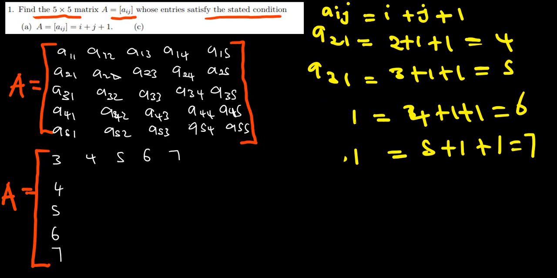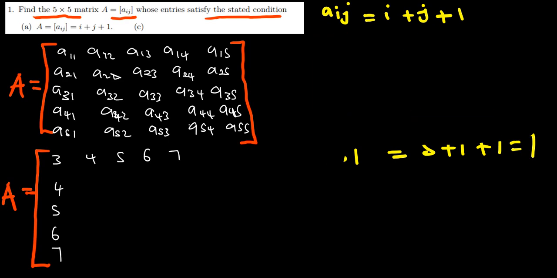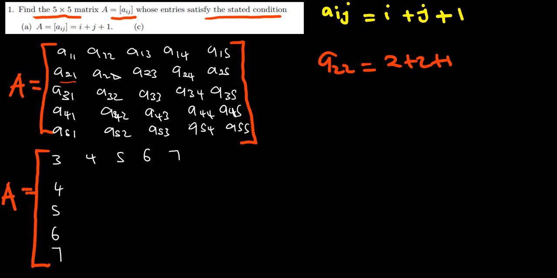So let's work out row 2. We already have the A21. Now let's find A22. A22 will be 2 plus 2 plus 1, which is 5. A23 will be 2 plus 3 plus 1, which gives us 6.